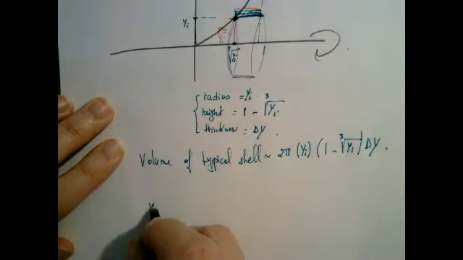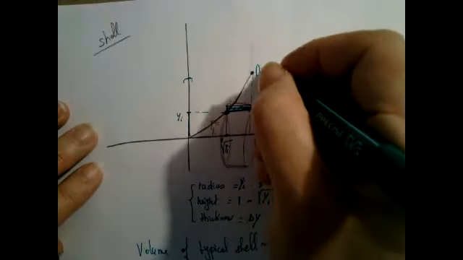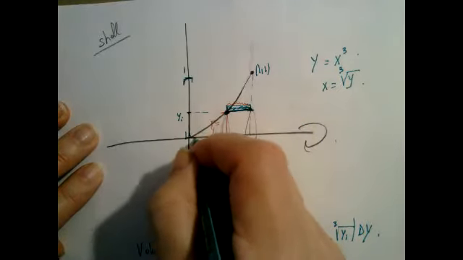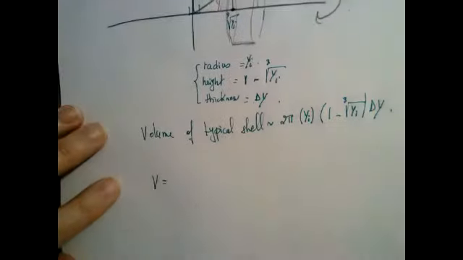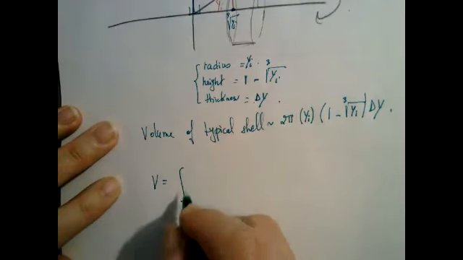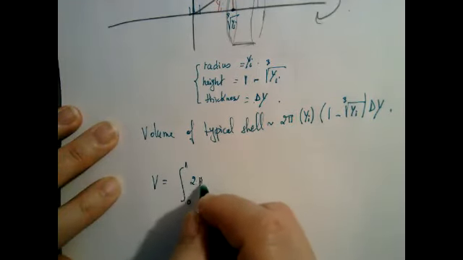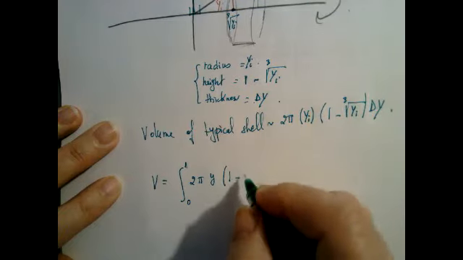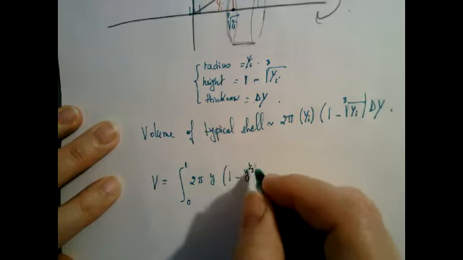So the total volume is, we figured out this point. This is the point 1, 1. It means right here it's a 1. So integral from 0 to 1 of 2 pi y, 1 minus cubic root of y, it means y to the power a third, dy.